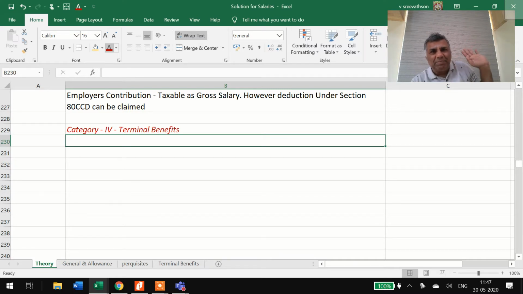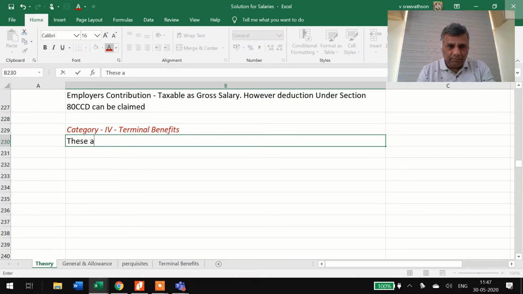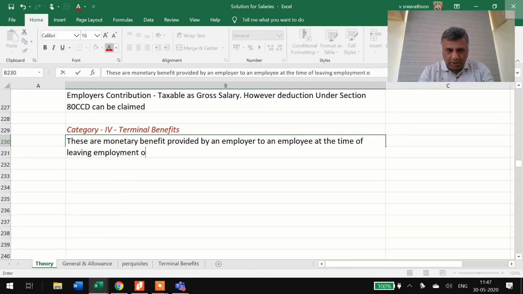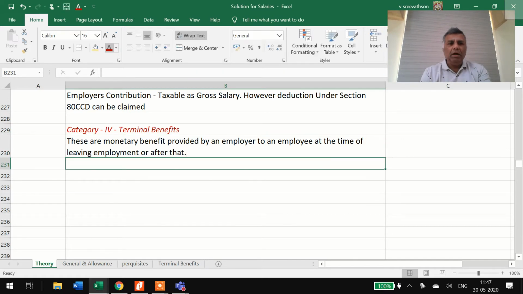Terminal means last payments. These are monetary benefits provided by an employer to an employee at the time of leaving employment or even after that they might be paying. These are known as terminal benefits.